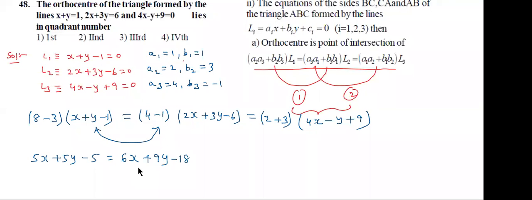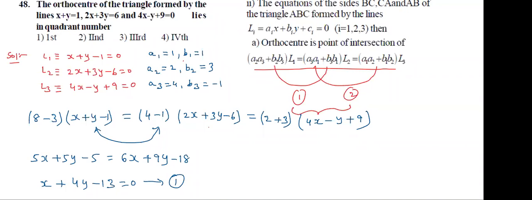So left hand side terms go to the right hand side: x plus 4y minus 13 is equal to 0. This is equation 1.